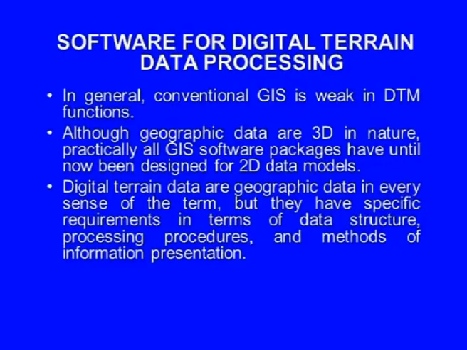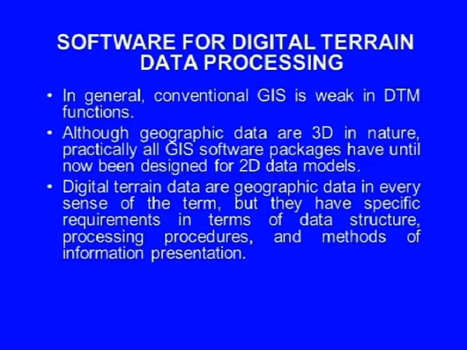Having discussed the accuracy with which the DTM can be generated, the next thing to be considered is the software for digital data processing. In general, conventional GIS software is weak in DTM functions.